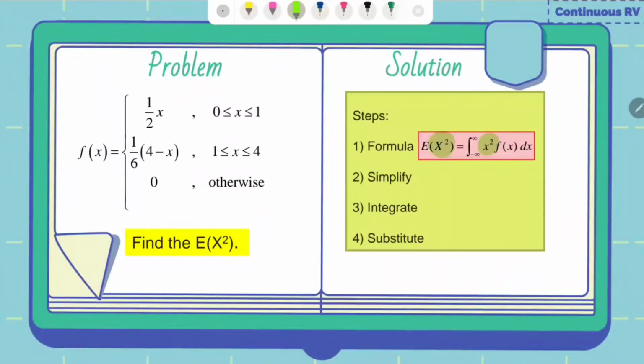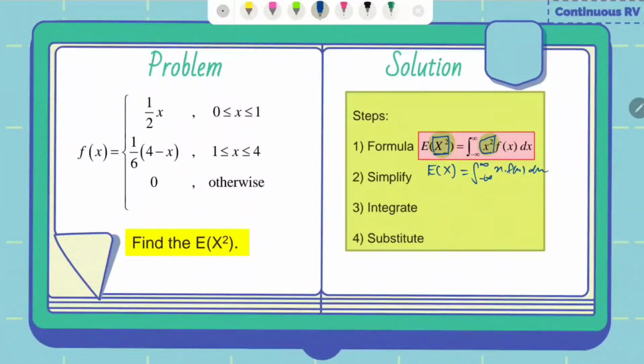To memorize this formula easily, just look at the variable inside this E. If the variable here is x squared, that means we have to multiply with x squared. If the variable is x, that means we multiply with x, which is the expected mean. That's one way of memorizing.